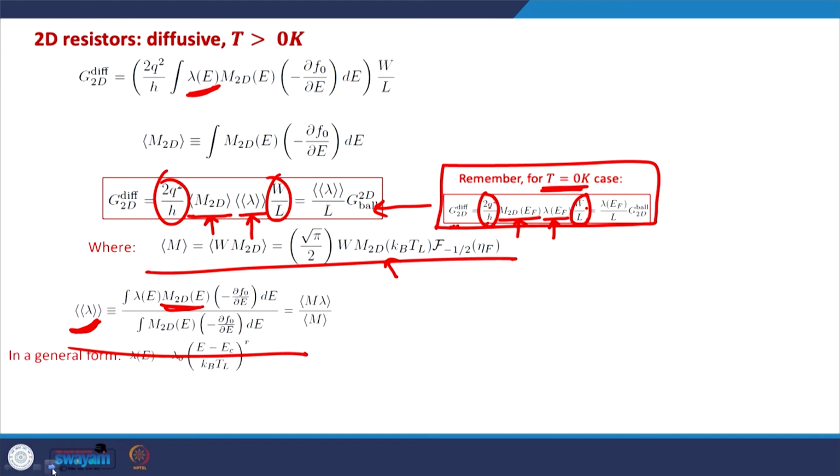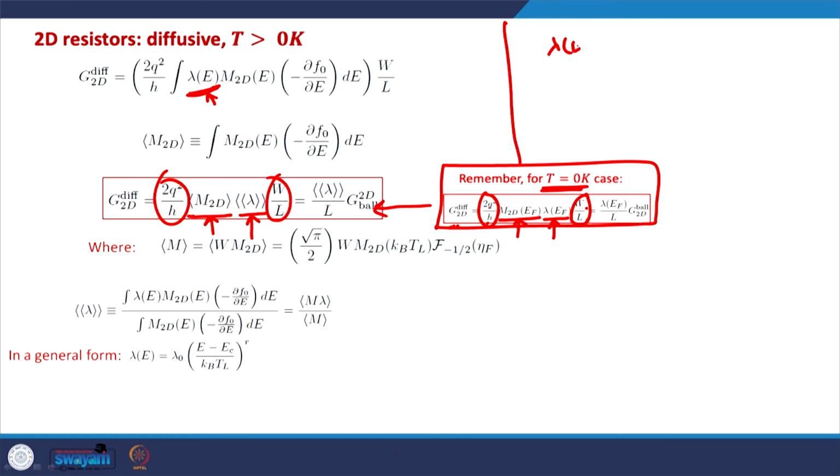Roughly, as I pointed out, we have not gone into the scattering theory, so the expression for lambda(E) has not been explicitly derived yet, but generally this expression lambda(E) looks like this.